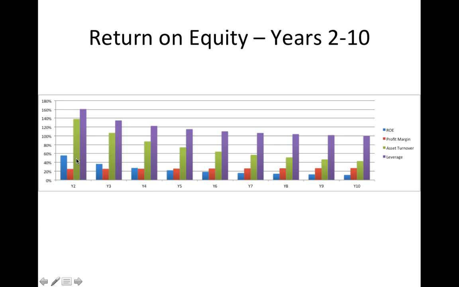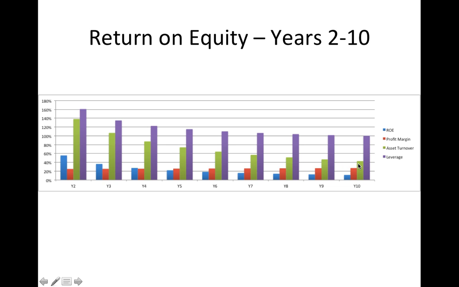Remember that asset turnover is sales divided by assets. We're at 140% because we're selling a lot and we really only have about $375,000 worth of assets. Well, this is going down because your assets are growing. Your sales are growing, but your assets are growing a lot faster.